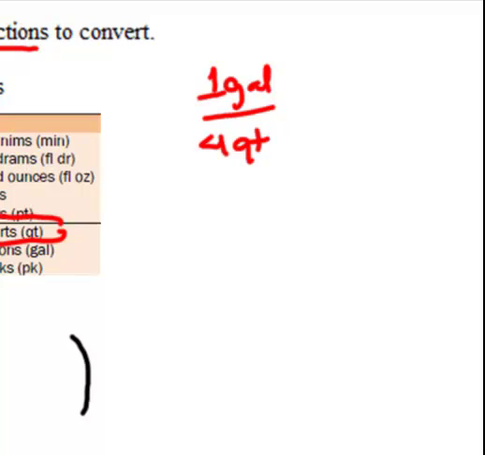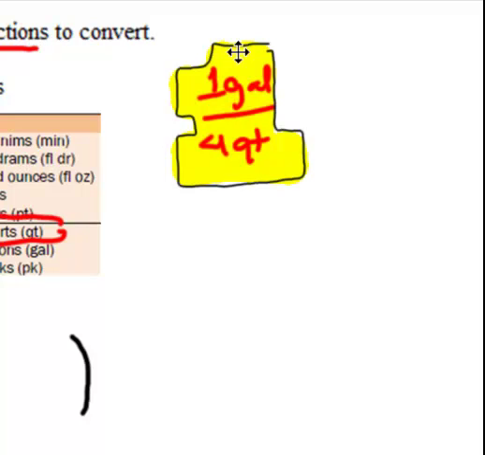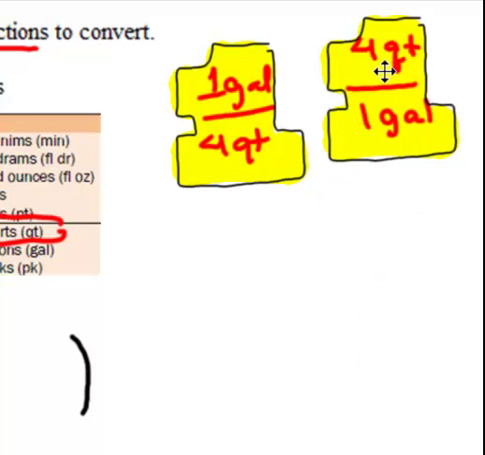And so because 1 gallon equals 4 quarts, this is equal to 1 whole. There's another unit fraction I can create with this, and I can put 4 quarts over 1 gallon. Again, anything over itself equals 1. Since 4 quarts is equal to 1 gallon, this is also equal to 1.